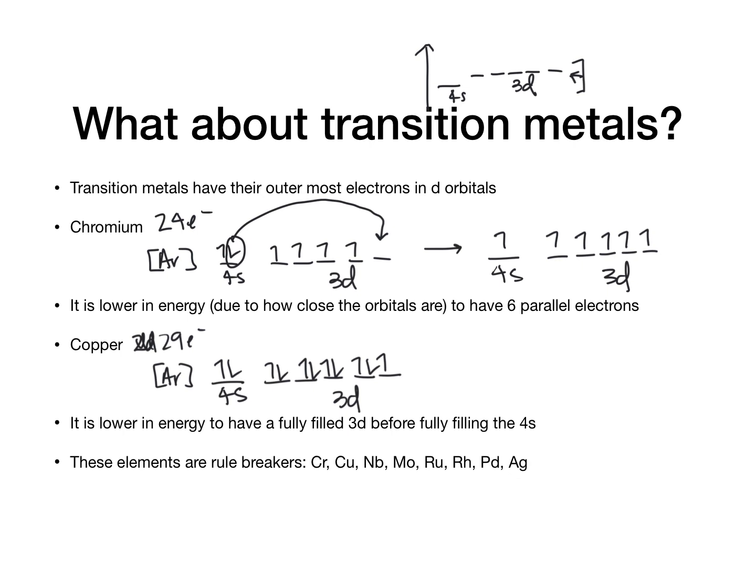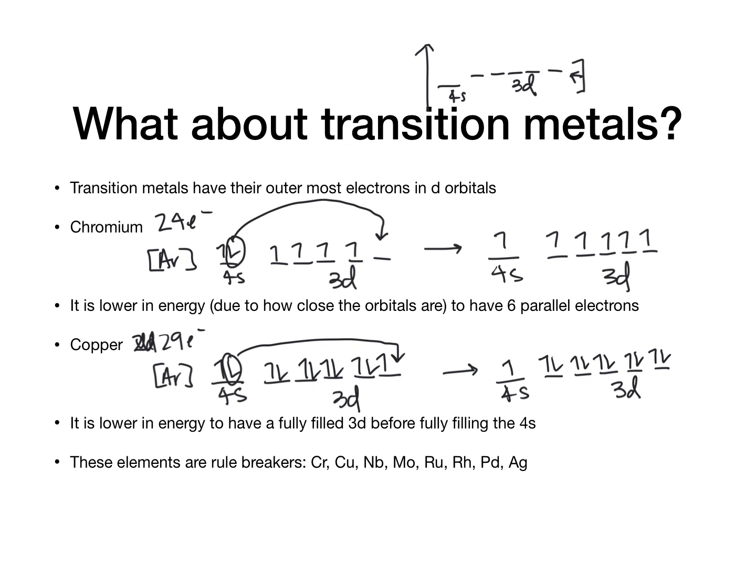So it turns out that it is going to be lower in energy to fully fill the d orbitals to give us 4s with 1 and a fully filled d orbital. It turns out when you fully fill the d orbital, it drops in energy and is then inside the 4s. So this is lower in energy.